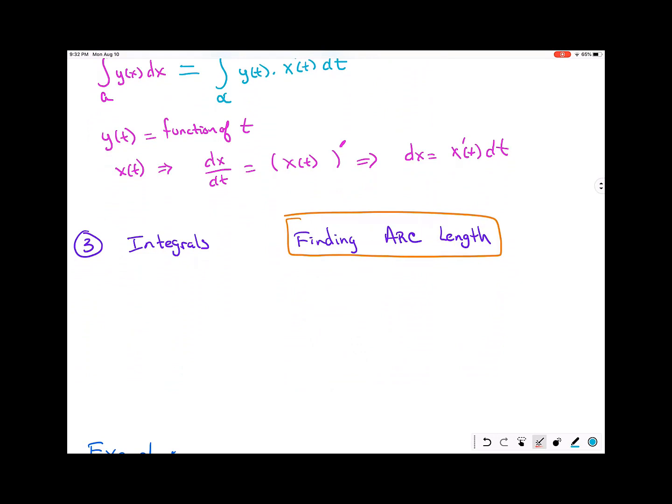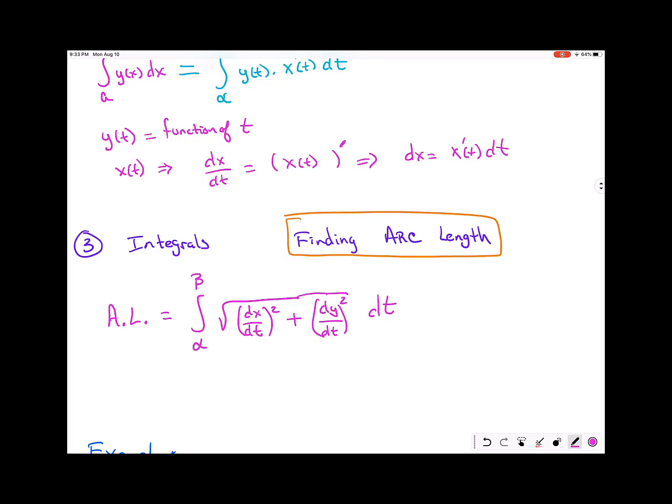And then finally we have the integral to find the arc length. In this case, the arc length is equal to the integral from alpha to beta of the square root of the x stuff, take its derivative with respect to t and square it, added to the y stuff, take its derivative with respect to t and square it, all underneath the square root, dt, and that will tell me my arc length.